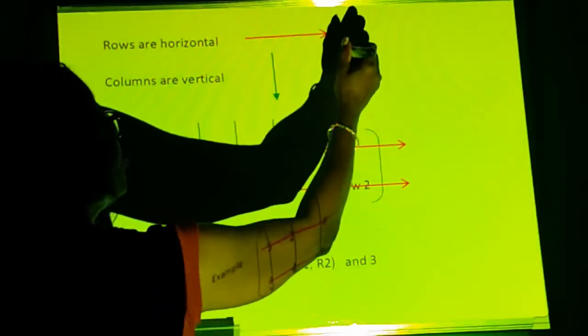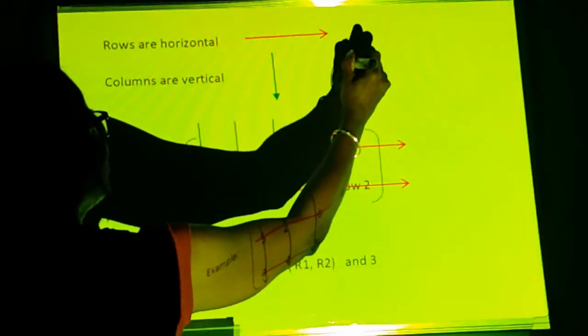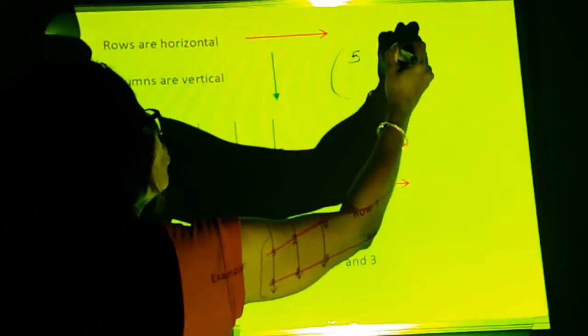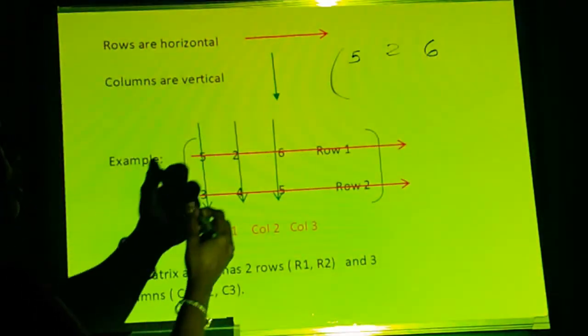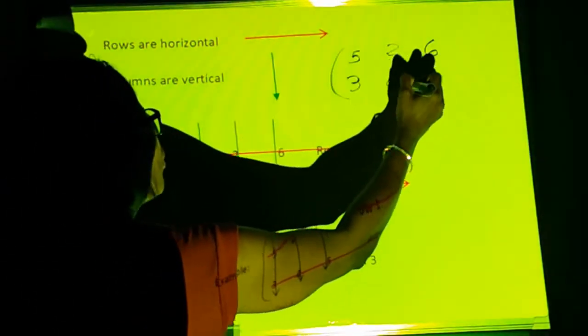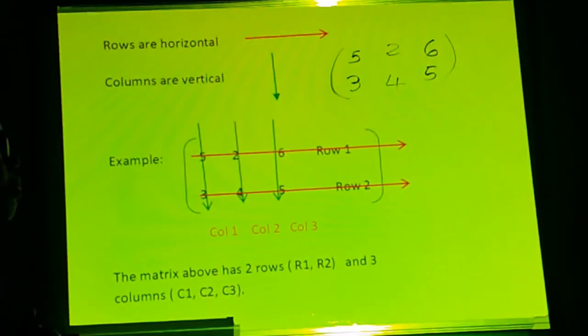we have a matrix here: 5, 2, 6, 3, 4, and 5. And I want to identify the rows and the columns. Let's look at my example. What are the numbers you think are in row 1?